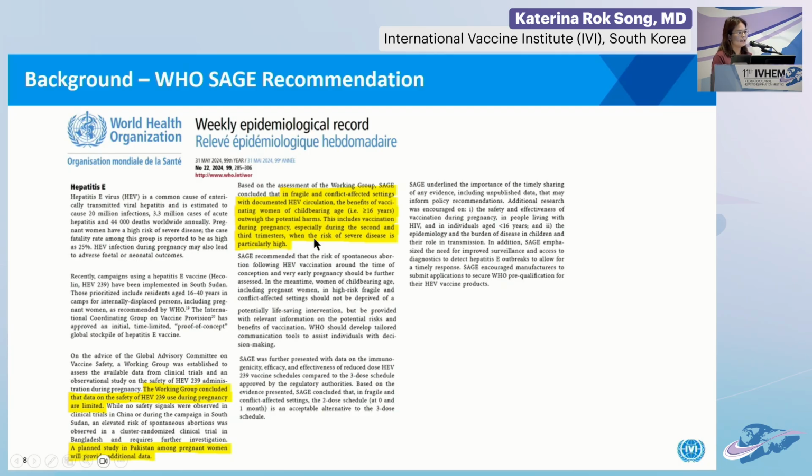And through this review, they maintained their position that in fragile and conflict-affected settings with documented Hep E virus circulation, the benefit of vaccinating women of childbearing age outweighs the potential harms. This includes vaccination during pregnancy, particularly during the 2nd and 3rd trimester, when the risk of highly severe disease is particularly high.